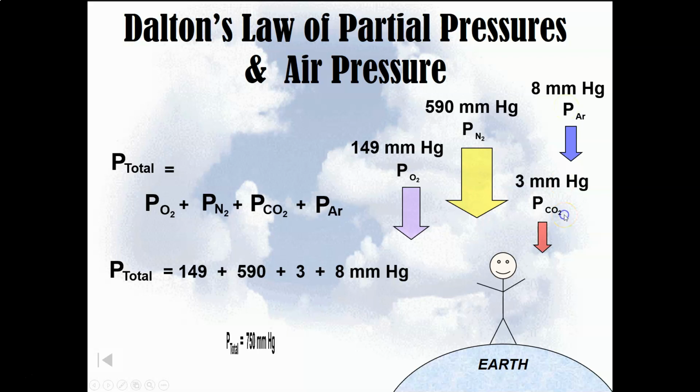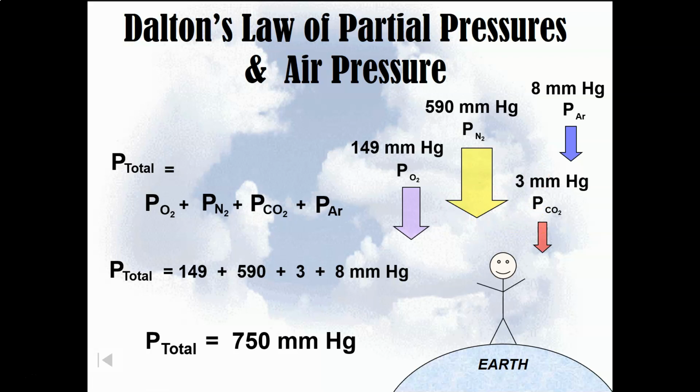Altogether, this person is experiencing 750 millimeters of mercury worth of pressure on them, which is almost what we call 1 atmosphere, right? So this person's a little bit above sea level. They don't have quite as much pushing down on them, so they're a little bit higher probably. Okay.